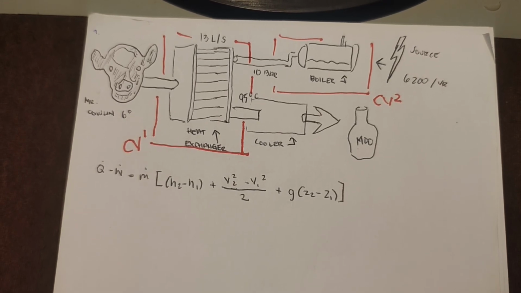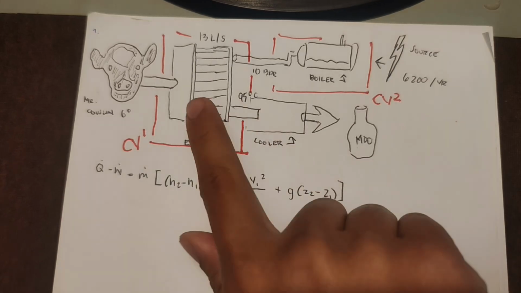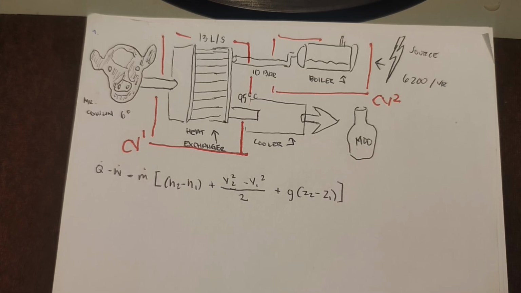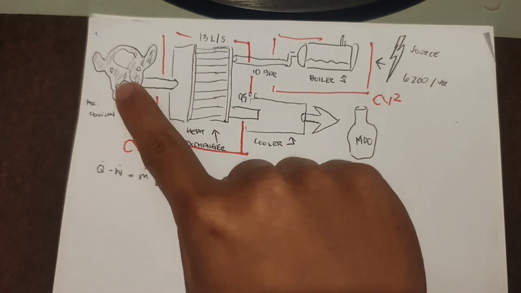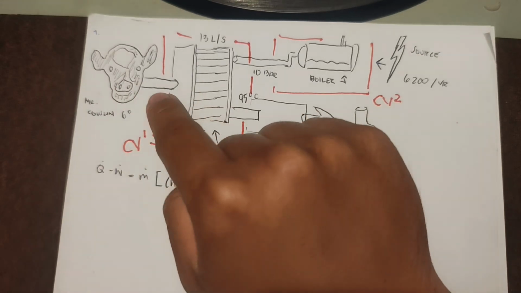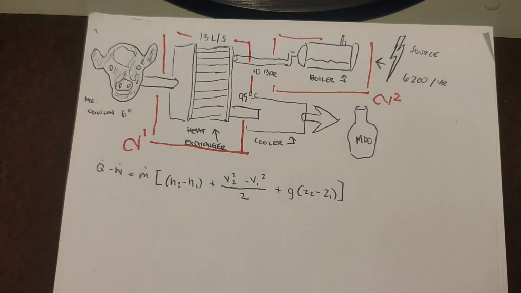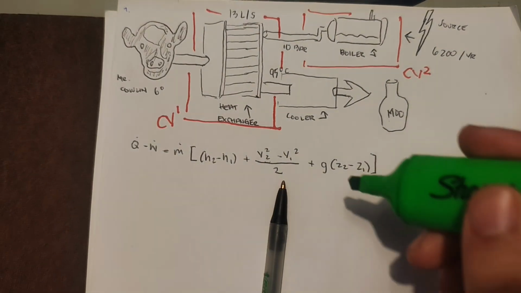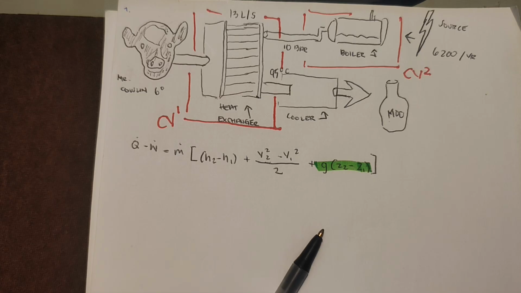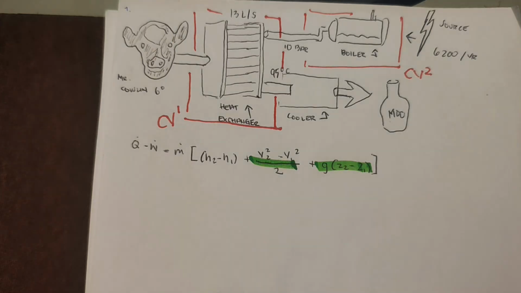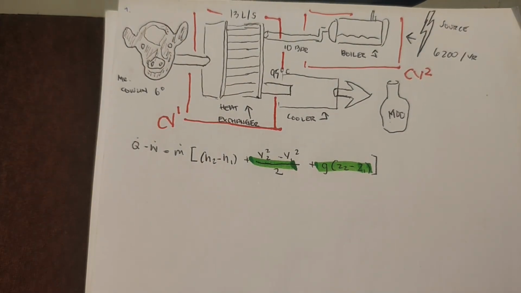We also assume that there's no significant change in the height, so we're not gonna be applying any potential energy, and we're also considering that the milk is just flowing naturally through our pipe, since it wasn't mentioned in the problem that something is injecting the milk into the system. So we're gonna be canceling out our gravity term, and we will also be removing our KE, or kinetic energy, term.